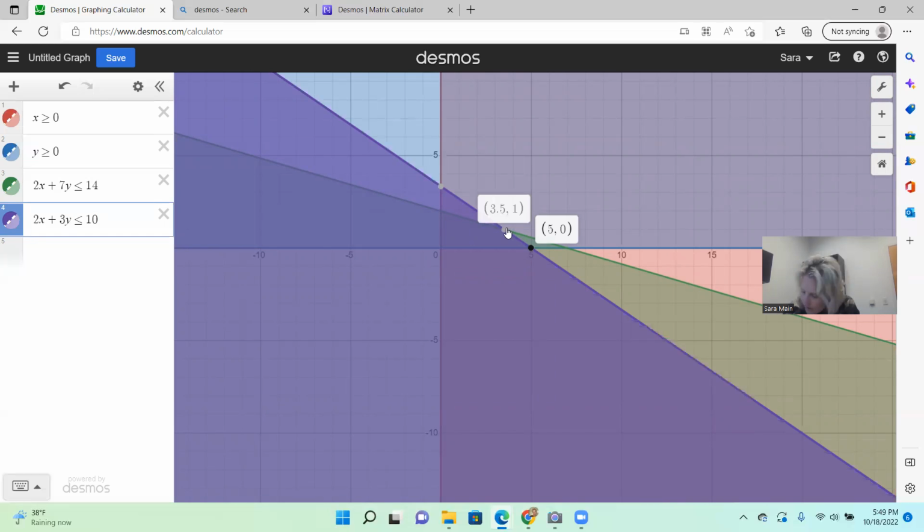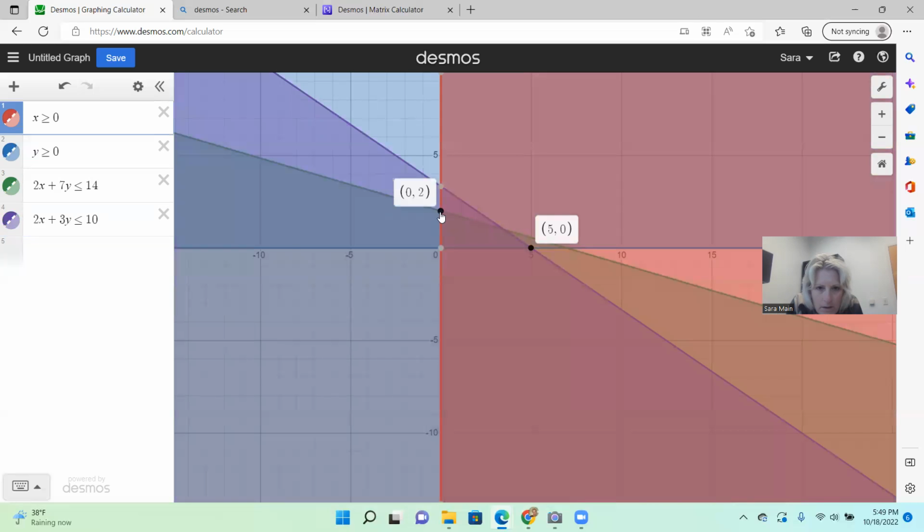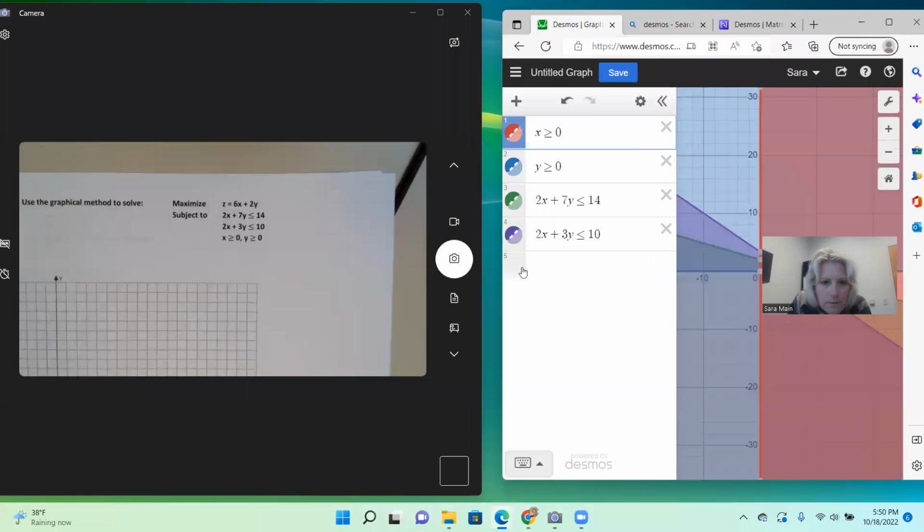And then 3.5 and 1 is a corner point. 0 and 2 is a corner point. And then 0, 0 is a corner point. Okay, so I'm going to make this small so that we can also see here.